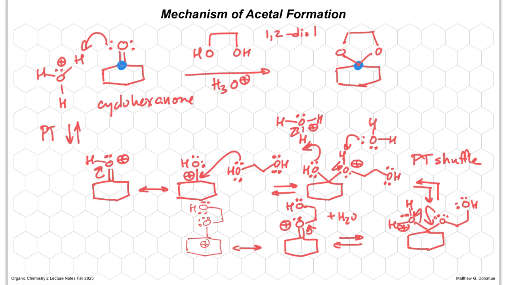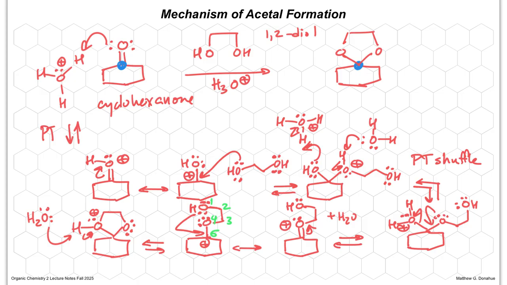Now that second alcohol is tethered on there, so it will come around and attack that. And so that's 5 total atoms in the ring. And then that's the last step to get to our ketal.